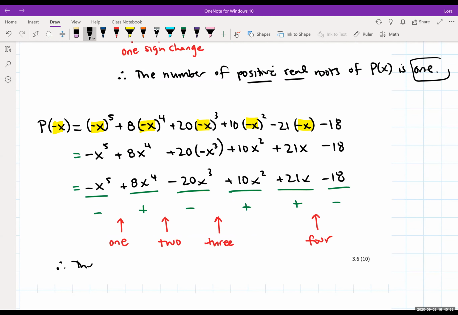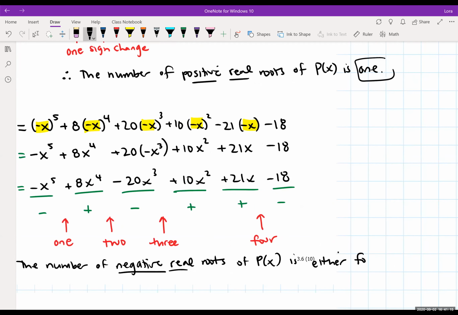So therefore, the number of negative real roots of p of x, remember that gives you information about the original polynomial, is either, so we can always start off with 4. So that's the first idea.